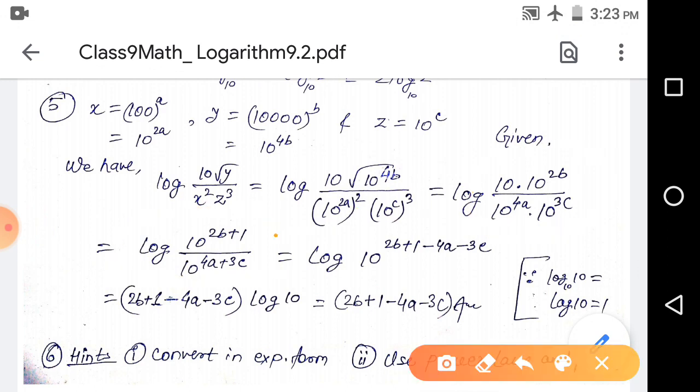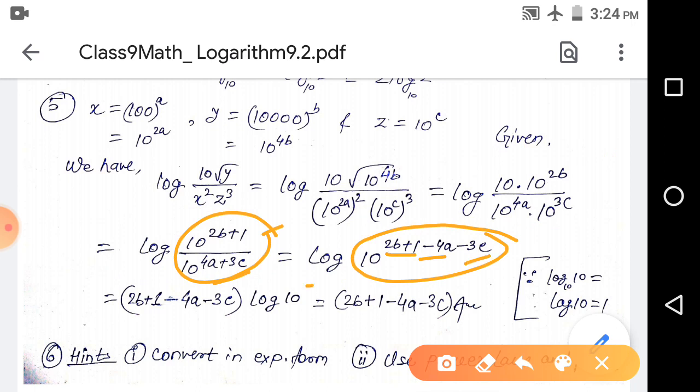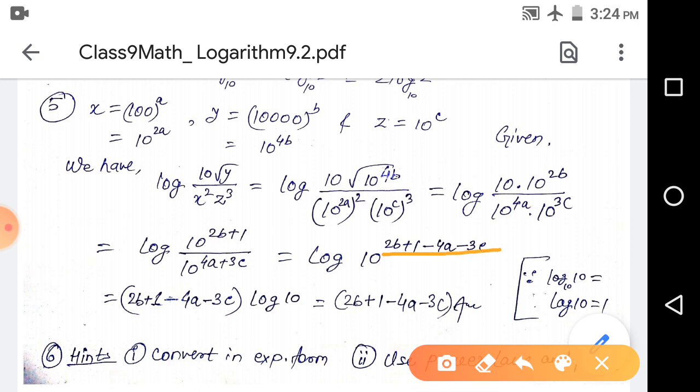The powers of 10 are subtracted when divided, so it will become 10 to the power 2b minus 4a minus 3c, log with base 10. Now we can use the power law, so this power can be taken as the multiple, and log 10 is equal to 1, you all know that, so this one is the answer.